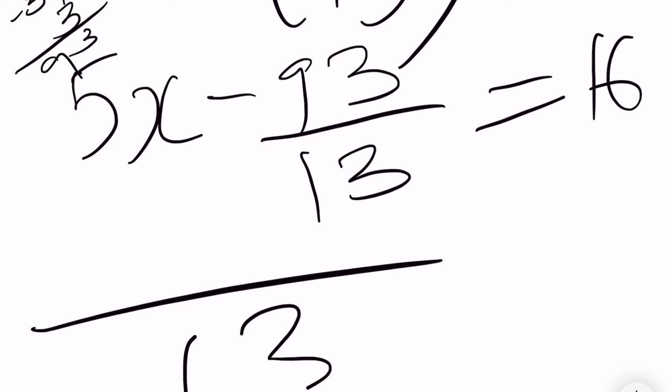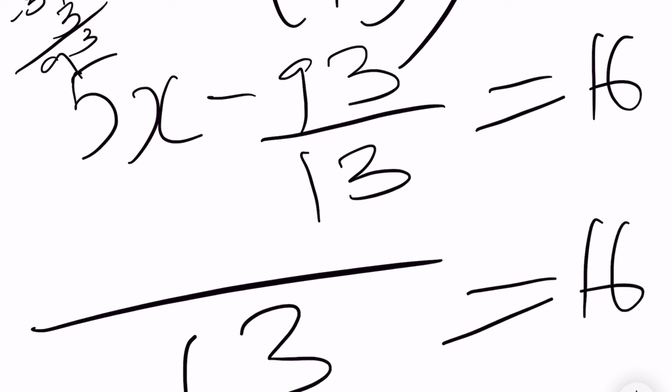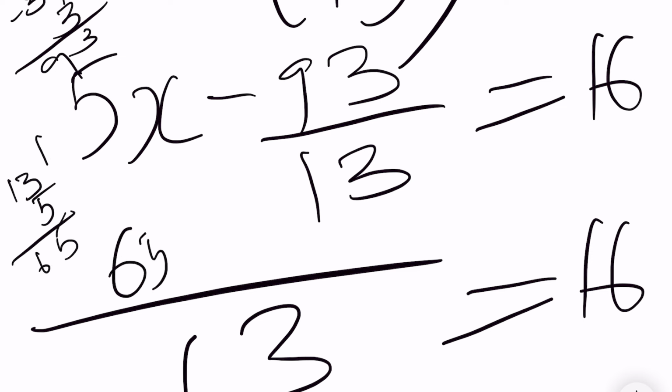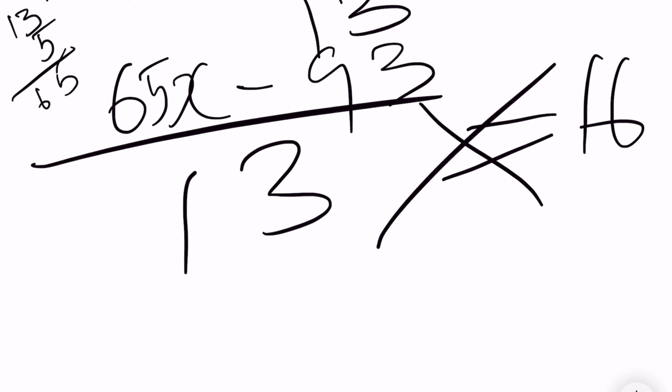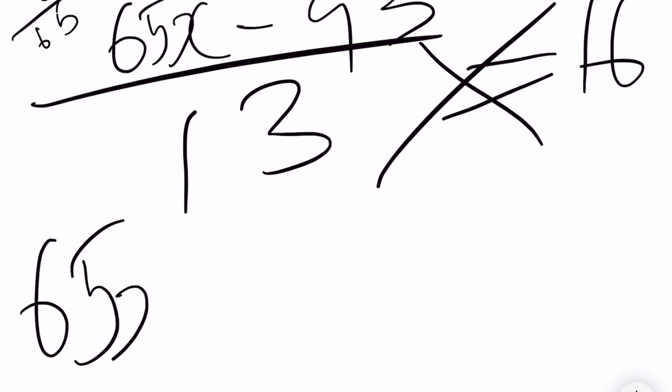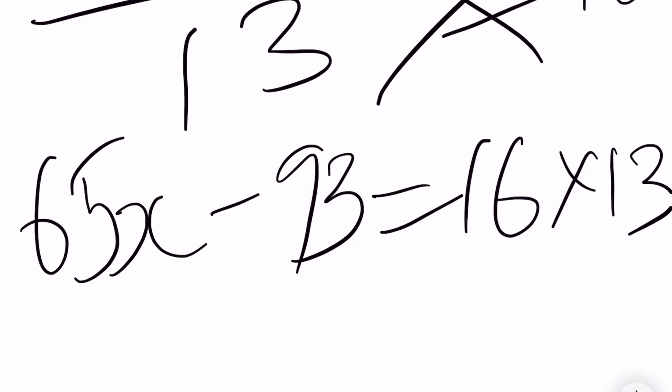Then we find the LCM. We have 13 here, we have 16 here. So we have 13 times 5x, which is 65x, minus 93. Here we cross multiply. So we have 65x minus 93 equals 16 times 13.